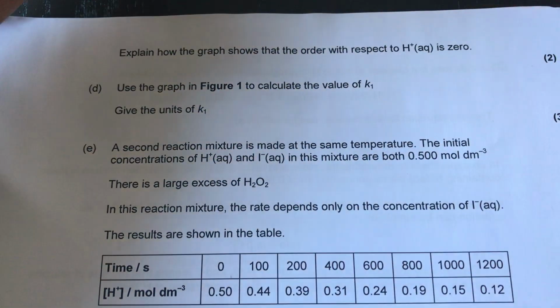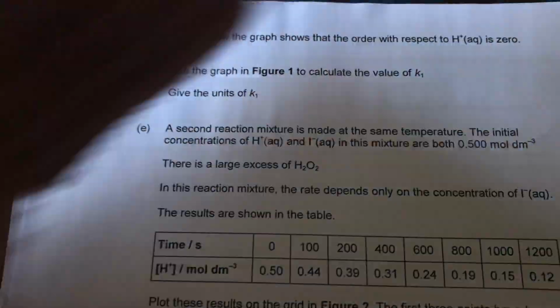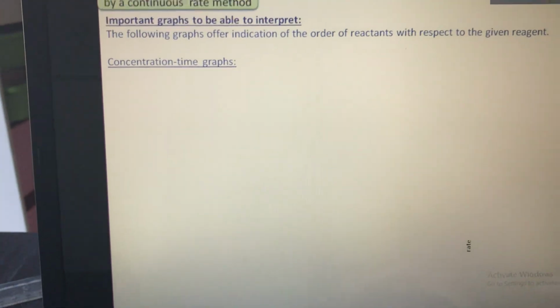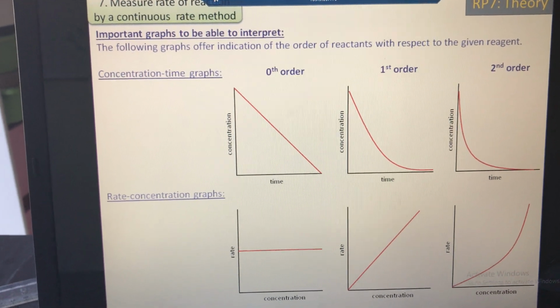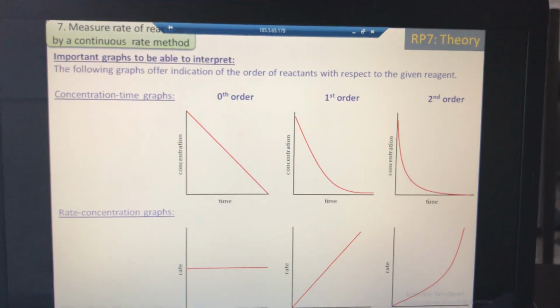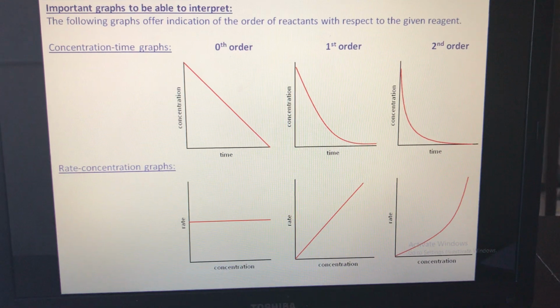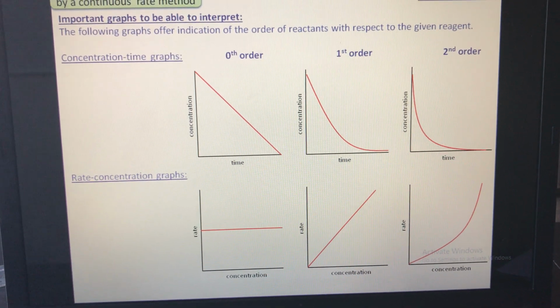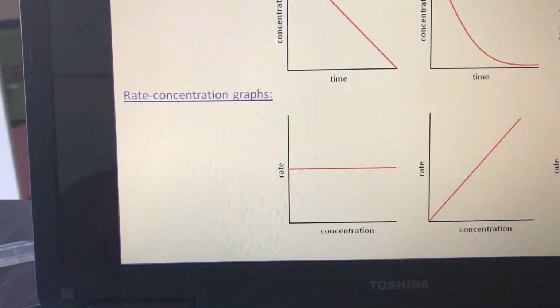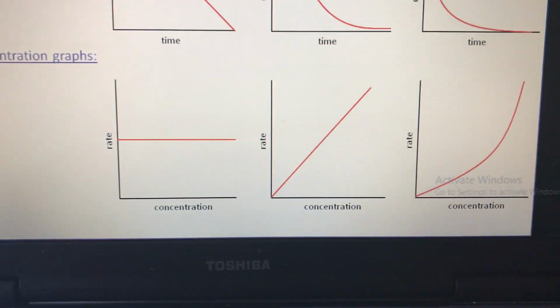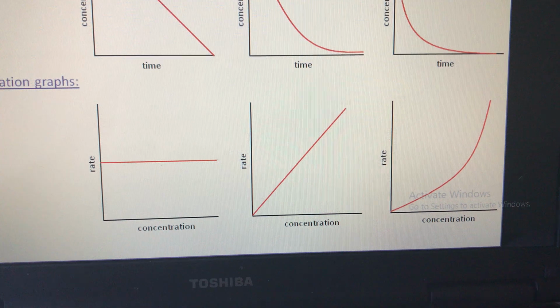Now, where people go wrong with this question is they think about the wrong graphs. So again, looking at the slides from this PowerPoint, you have come across these graphs before. If you have in your mind the rate concentration graphs, that's these ones here, okay?